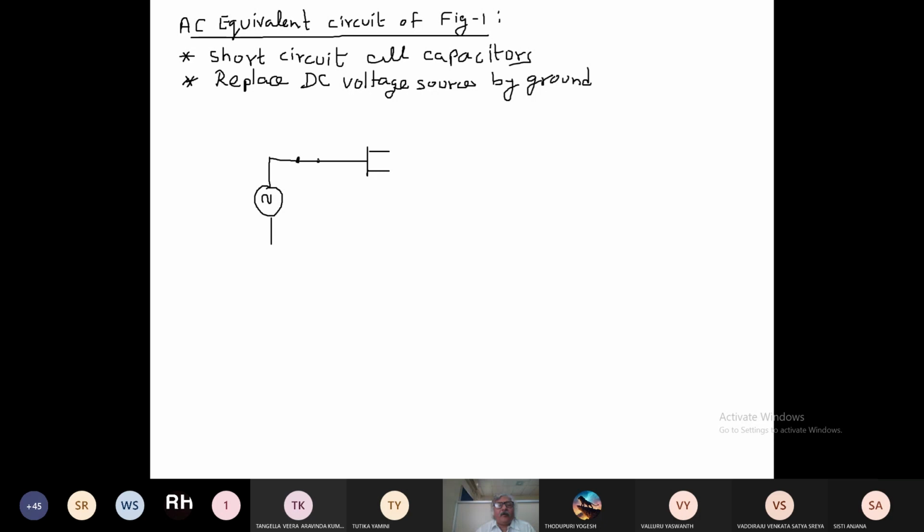See here this C1, this is short circuit, right? This is RD and this is connected to ground, because there is one voltage source VDD. And this is drain, gate, source.